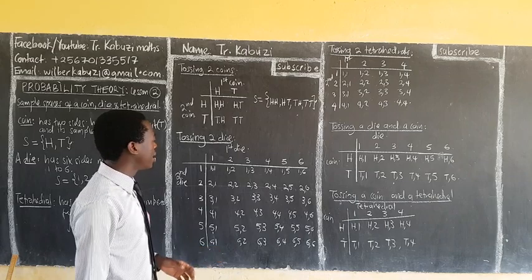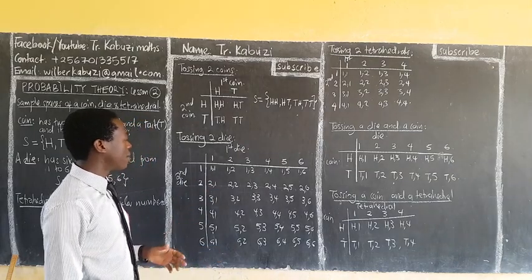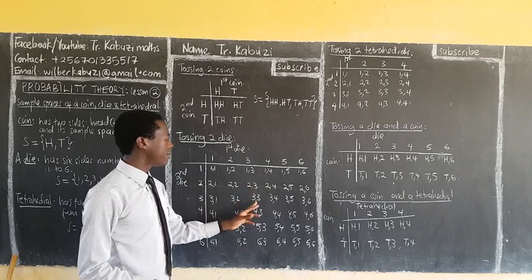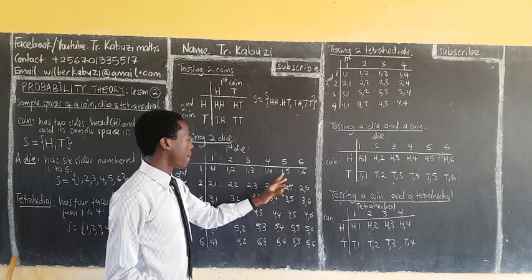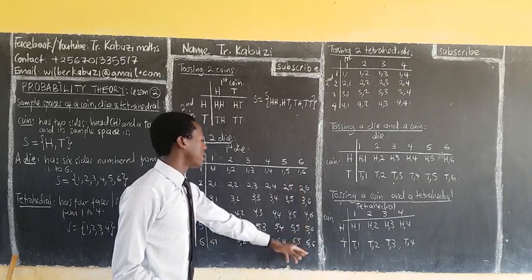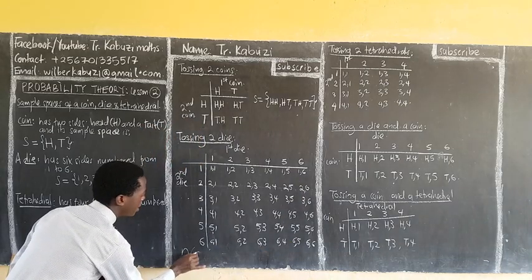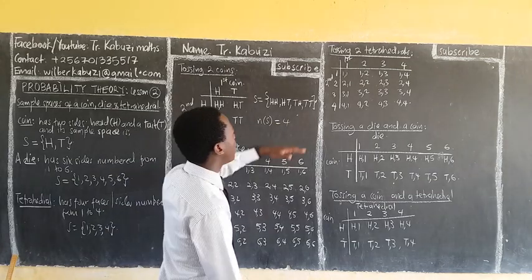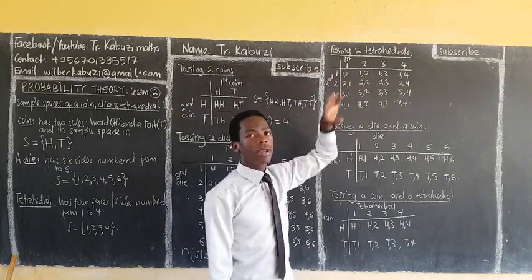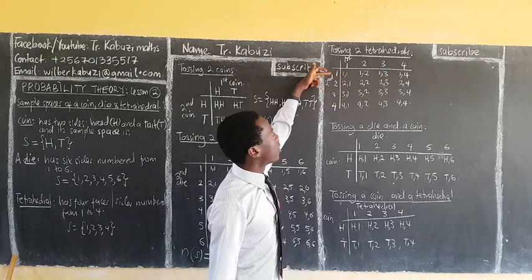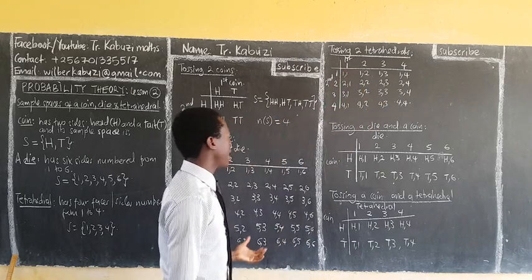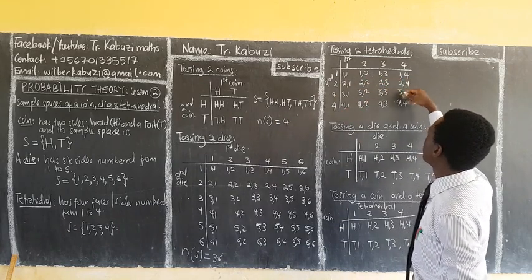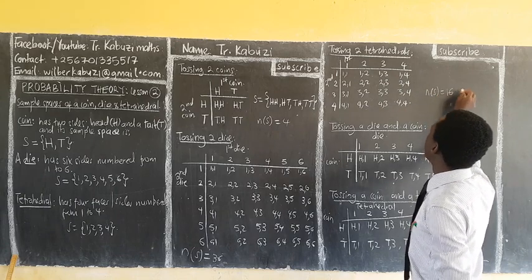So for the sample space, you just count. What is the total number of outcomes? 1, 2, 3, up to 18, and on to 36. So you see that the number of outcomes here is 36. For two tetrahedrons, the first has 4 sides, from 1 up to 4, and the second also from 1 up to 4: 1,1; 1,2; and so on. The sample space here is 16 outcomes.